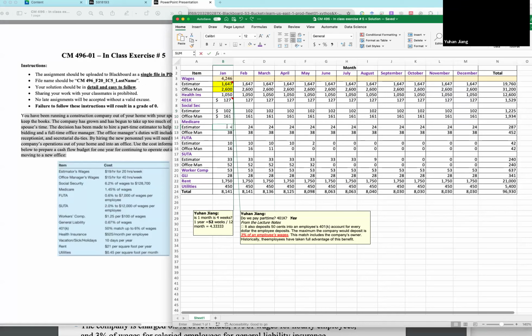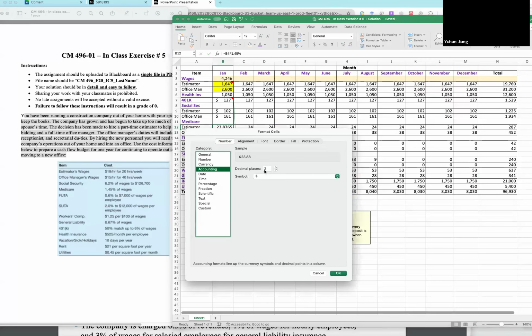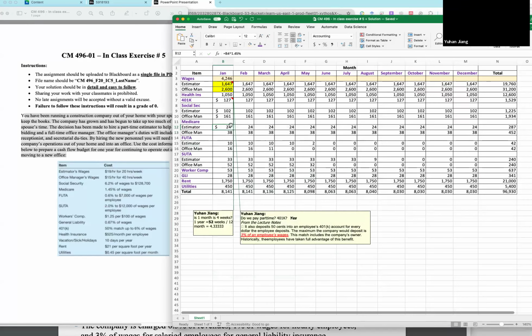This one will be equal to the estimate wage times 1.45 percent, and you get this number. I'm going to change this one to accounting with the decimal place, and drag this one down, which means I copy this formula. So you will see this is still the same one, right? So these two are good.